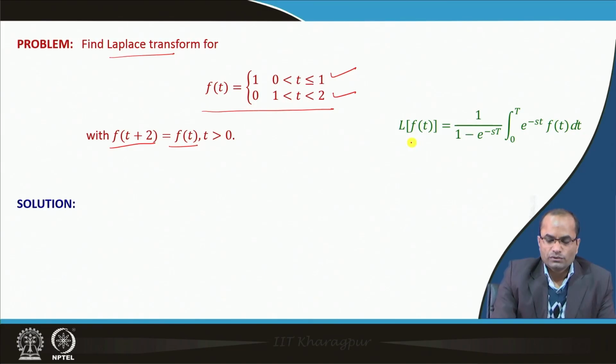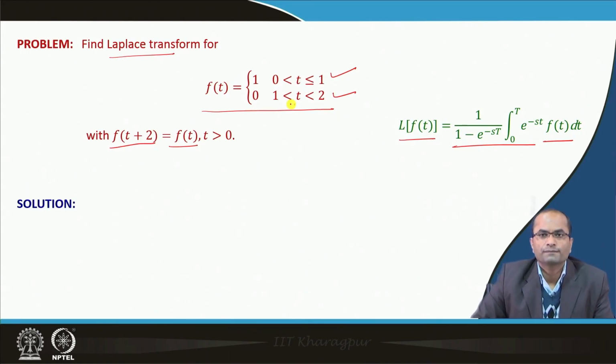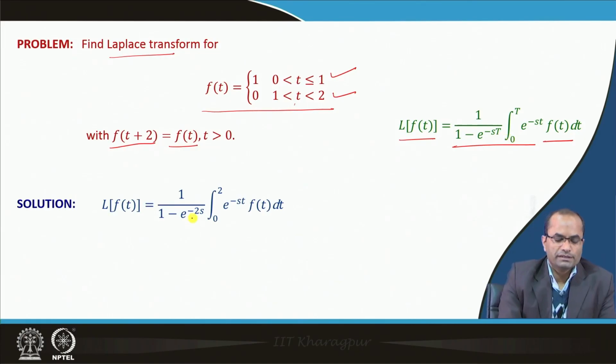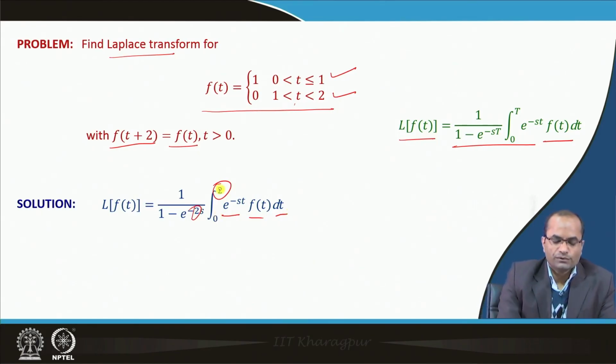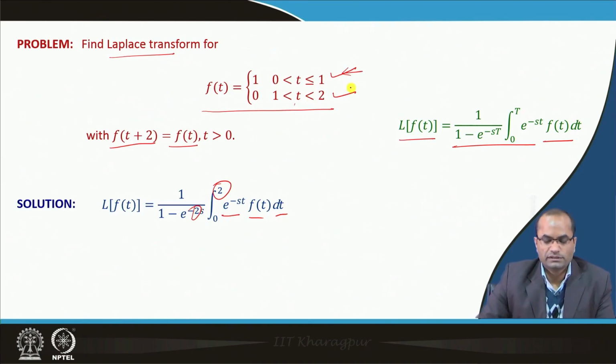Coming to the solution, so we know the formula for a periodic function, because this function is a periodic function with period 2. So, this capital T will be replaced by 2 here, and then e power minus st f(t) dt, and that too now from 0 to 2, it is defined as 1 in 0 to 1, otherwise it is 0.